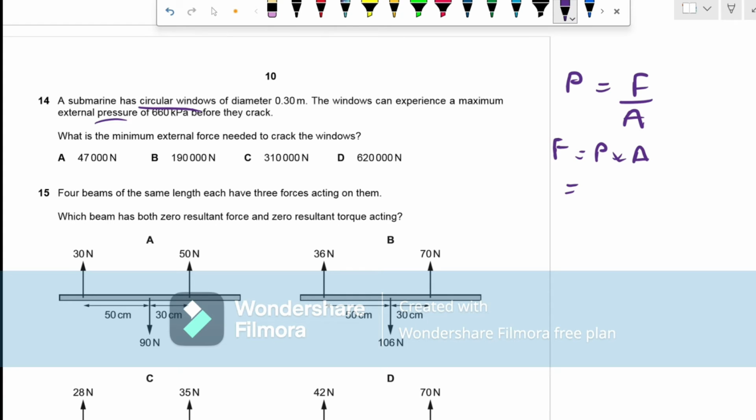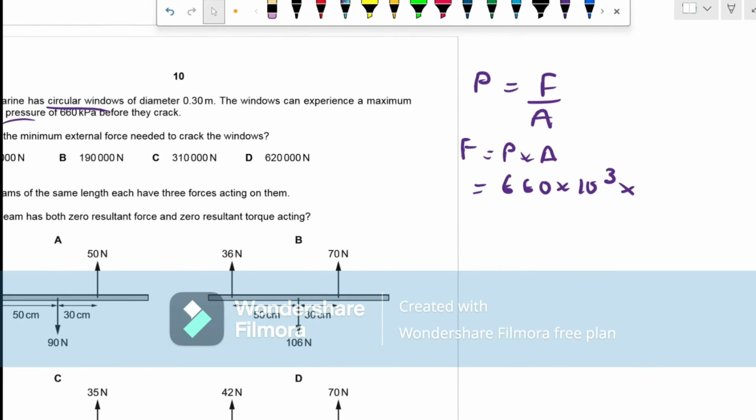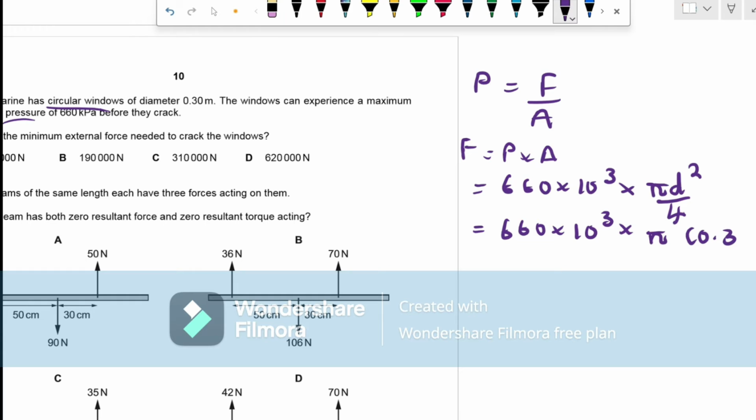The pressure is going to be equivalent to 660 times 10 to the power of 3. Then the area is going to be pi r squared, which is pi d squared over 4. So we have 660 times 10 to the power of 3 times pi, times our diameter 0.3 squared, divided by 4.